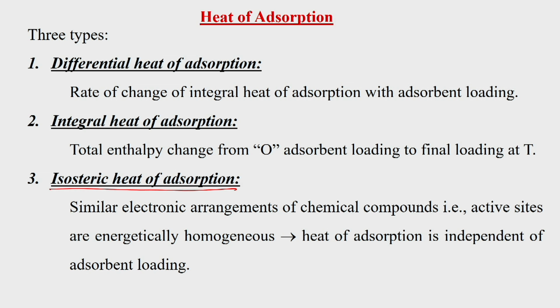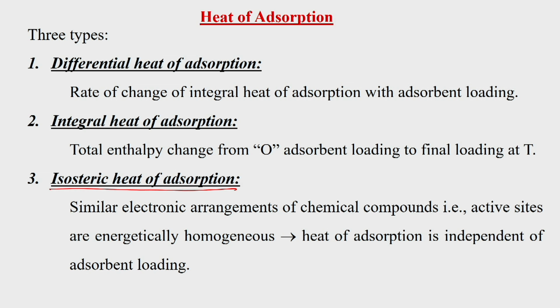For the case of the integral heat of adsorption, the total enthalpy change from zero adsorbent loading to the final loading at temperature T will be there. And for isosteric heat of adsorption, we assume that the active sites are energetically homogeneous, and the heat of adsorption is independent of adsorbent loading.